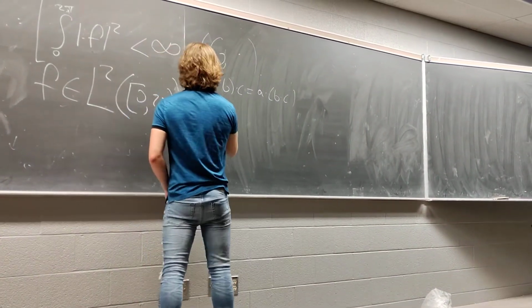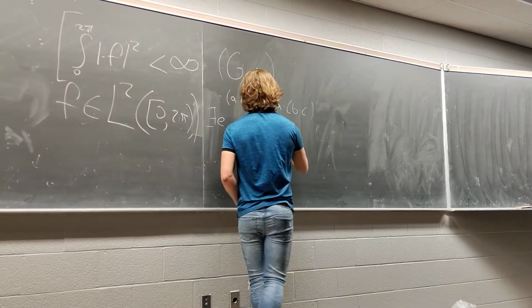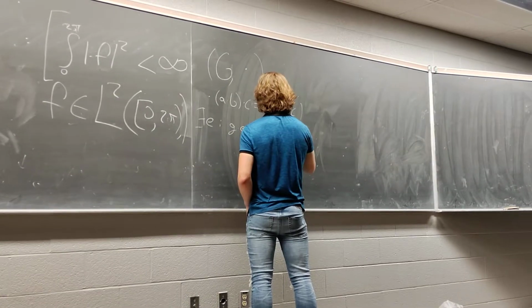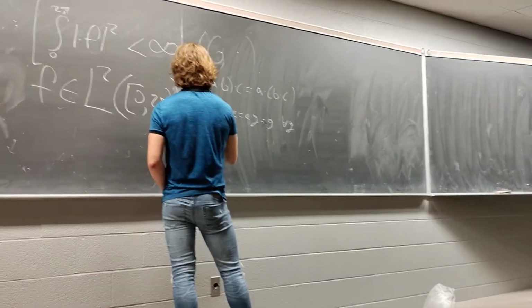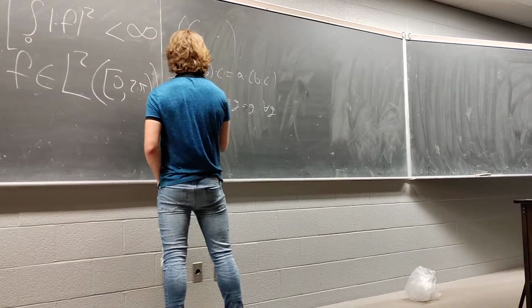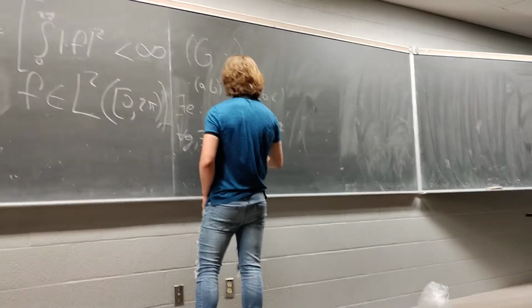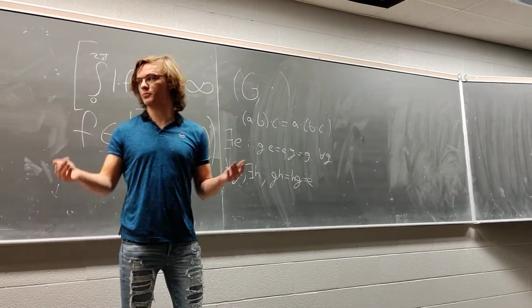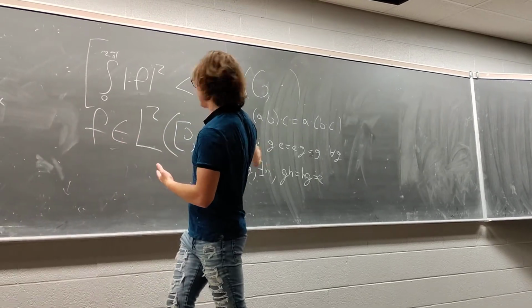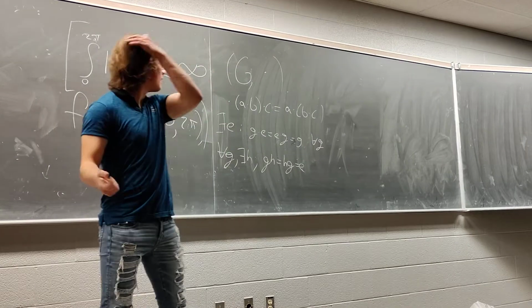There exists some identity element e such that g·e equals e·g equals g for all g, and for all g, there's an inverse element. So there exists an h so that gh equals hg equals the identity. The circle is a group with the operation being add the angles, or multiply them as complex numbers.